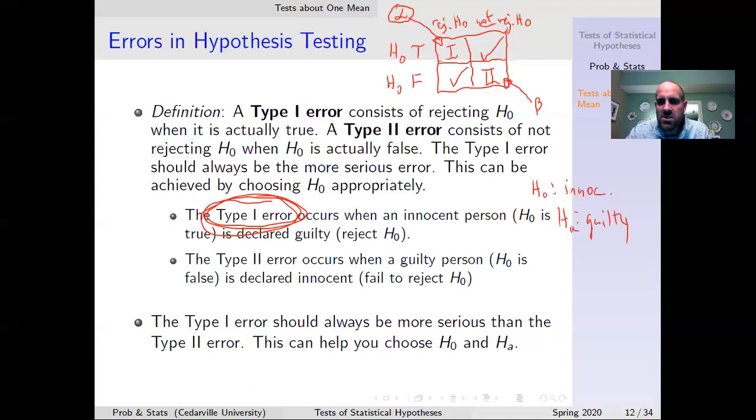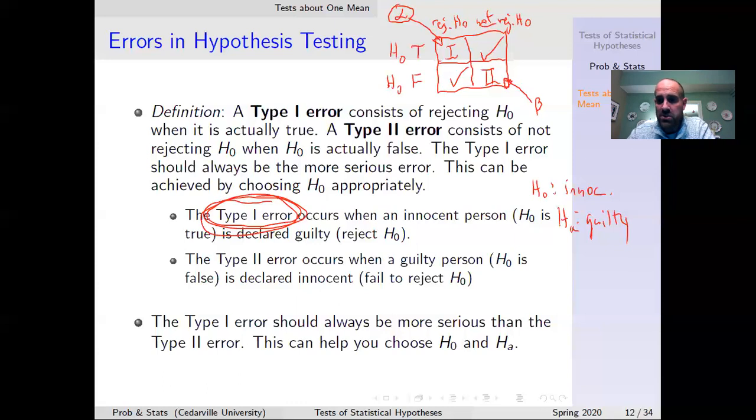You wouldn't necessarily change your whole production paradigm, and you would make that error, but that doesn't seem too horrible. But the other type of error in that case, namely that the mean really is 1,000, like there was no improvement at all. If you reject that and start producing under a new paradigm, you might spend millions redesigning the production lines and things like that when in fact the mean hadn't gone up at all.